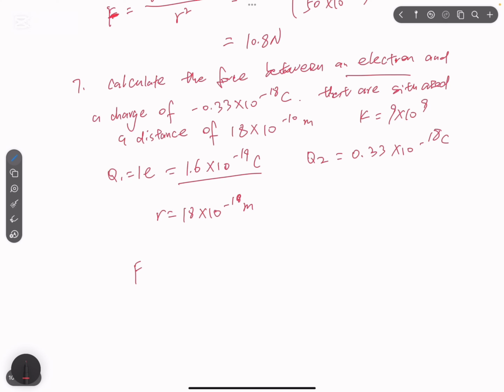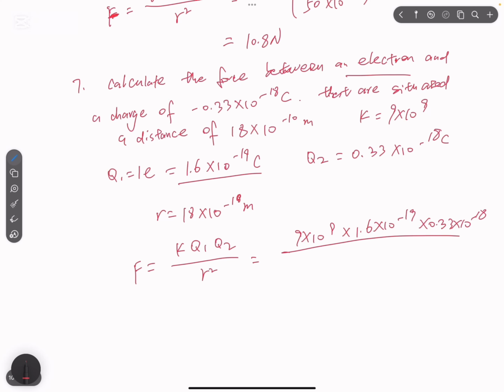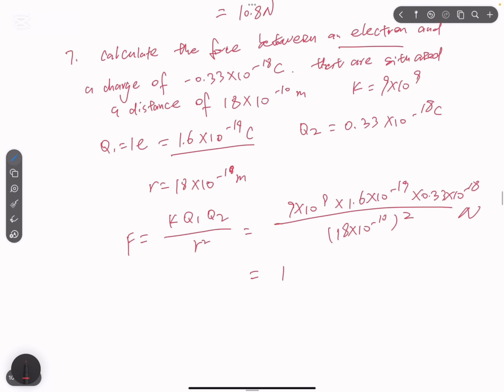Then we can get F equals K times Q1 Q2 divided by R squared. So it will be 9 times 10 to the 9 times 1.6 times 10 to the minus 19 times 0.33 times 10 to the minus 18 divided by R squared, which is 18 times 10 to the minus 10 squared. That will give us Newton. So it will be 1.47 times 10 to the minus 10 Newton.